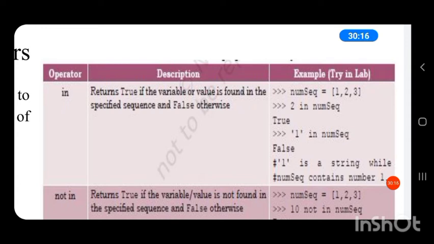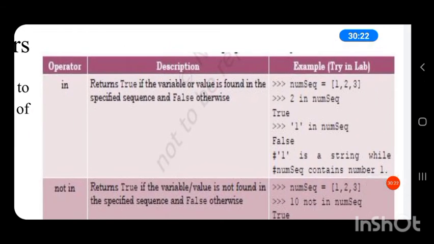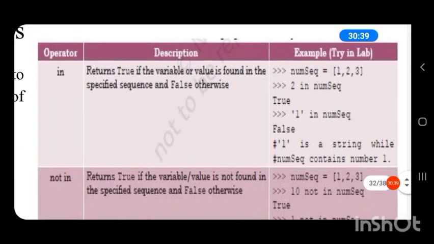We are checking whether 2 is in that sequence. For that we are using the membership operator in. It checks whether this 2 is present in num_seq. If it is present, it will return true. You can see 2 is present in that list, so it has returned true.